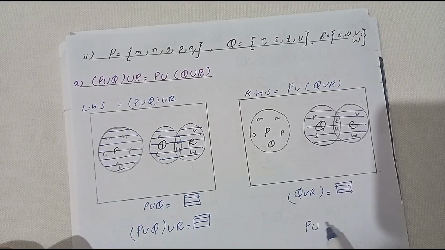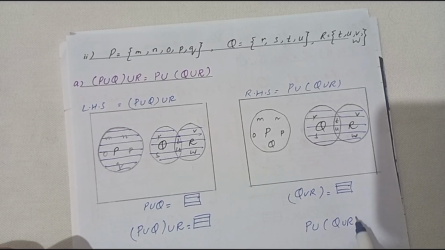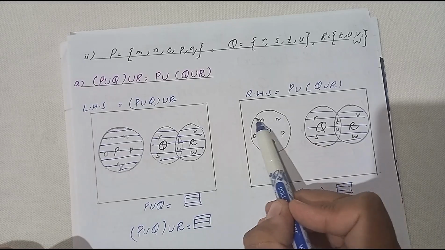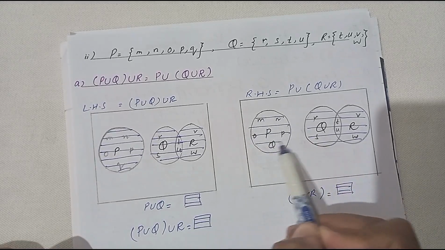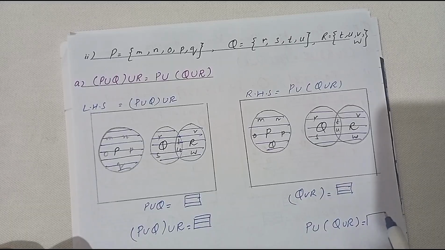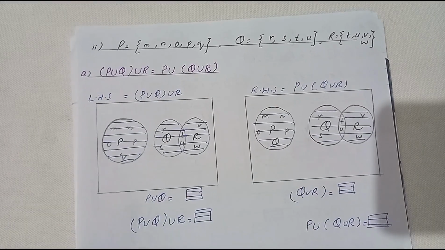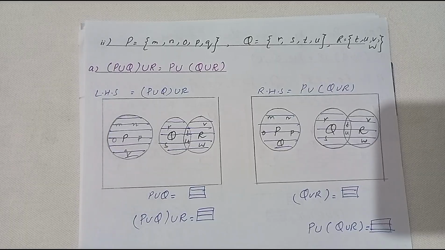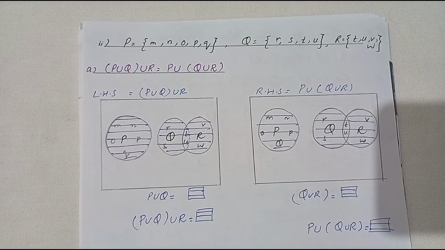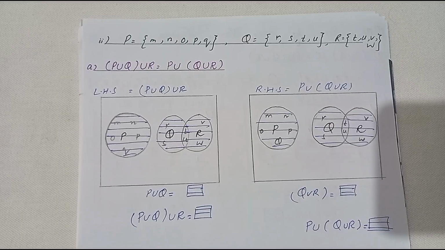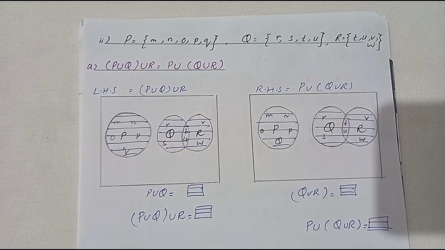Now P union Q union R means all parts of P, Q, R are shaded, so we also shaded P with the horizontal lines like this, and the right hand side total shading is the horizontal shading. So from both left and right hand side Venn diagrams you can see the shading is the same. The total area of P, Q, R is shaded on both sides. So we prove the associative law of union on the second part of question number 5.